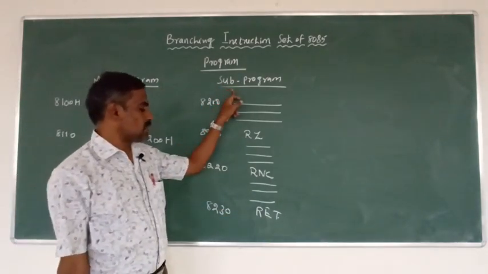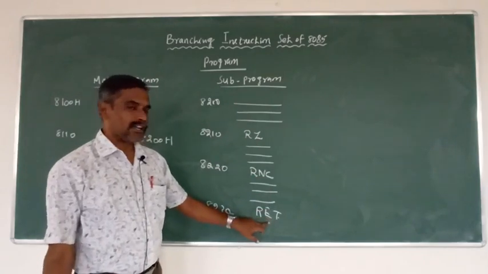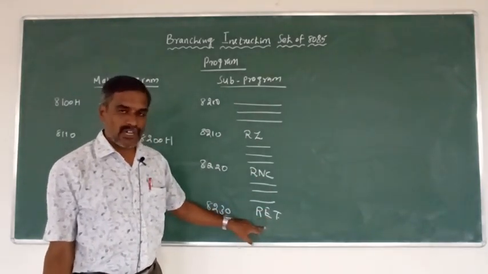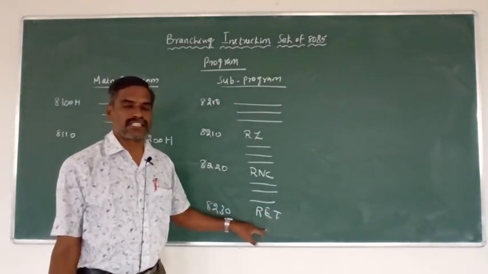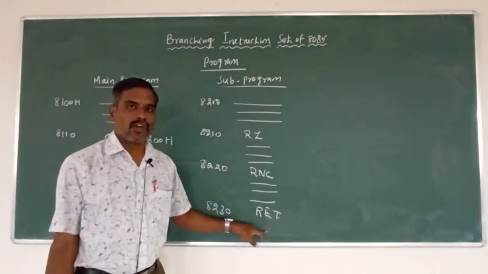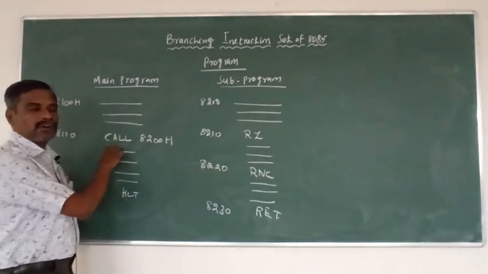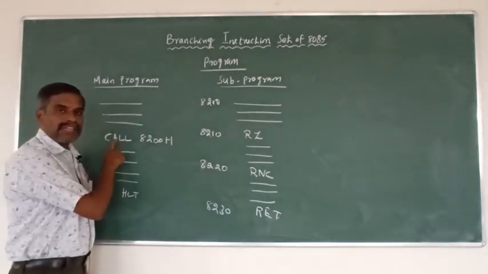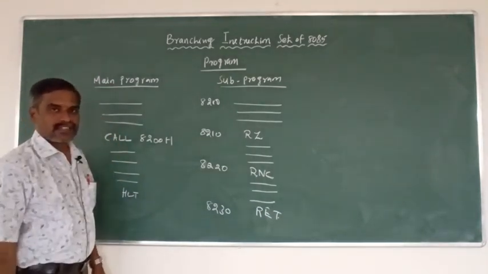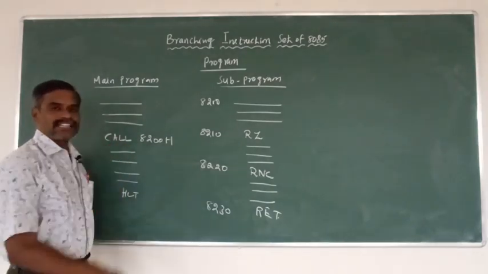In the subroutine program, we always have to use an unconditional return instruction at the end. In the main program there will be a call instruction. Here the call means an unconditional call.